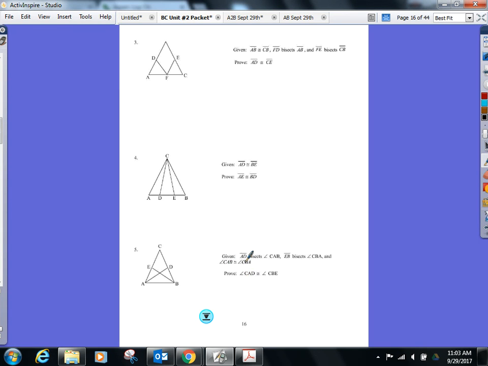Half of CBA is equal to CBE. How do I know that? Definition of a bisector, and then finally in statement 3 and reason 3, you could have your halves of equal quantities are equal. Anything on those 3 that we want to touch upon before I go on to that last one?